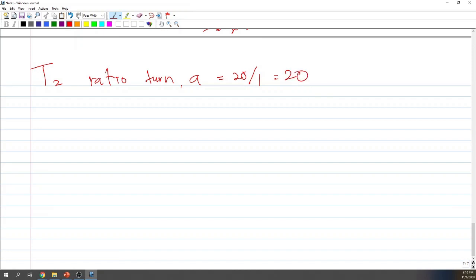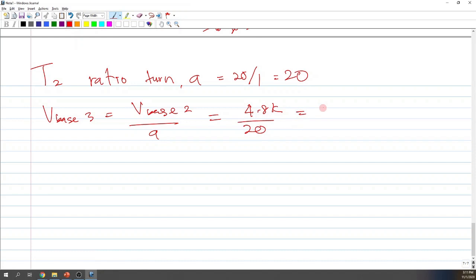So first we calculate V base 3 equal to V base 2 divided by A. We get 4.8K from before divided by 20, and we get 240 volt.